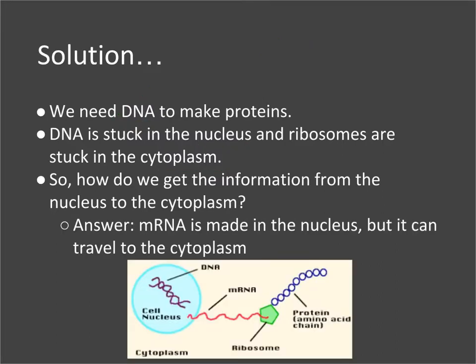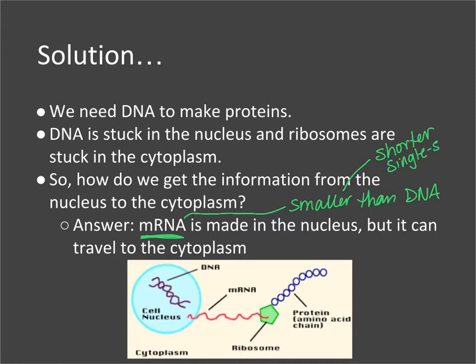And the answer to that conundrum is this molecule known as mRNA. Now, mRNA is smaller than DNA. And it's smaller in two ways. So it is shorter than DNA. It's also only a single strand. And because of its size, it is able to fit through the pores in the nuclear membrane.